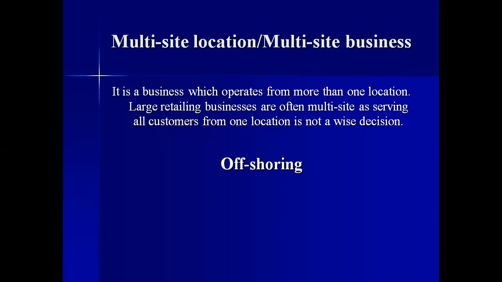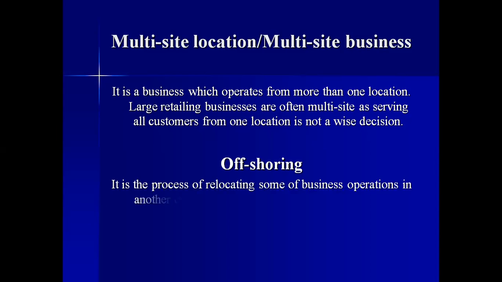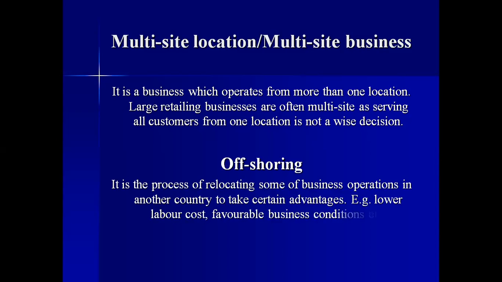Okay, offshoring again. Now, offshoring is something linked with across the border as well. Let's have a look at this definition. It is the process of relocating some business operations to another country to take certain advantages.